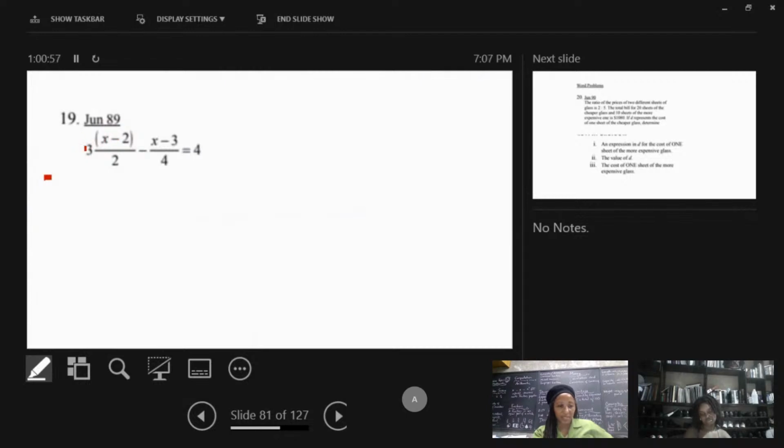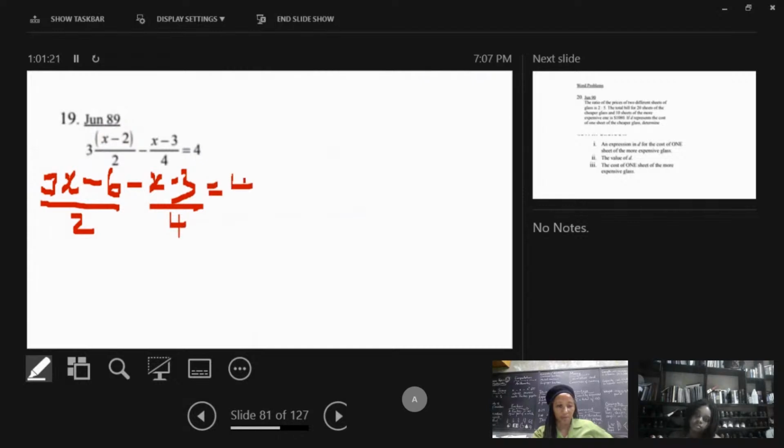So 3 times x, 3 times negative 2, is 3x minus 6, since 3 times 2 is 6, over 2. So let's just write this back and then we can proceed.